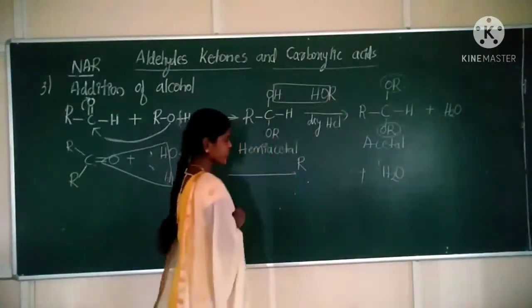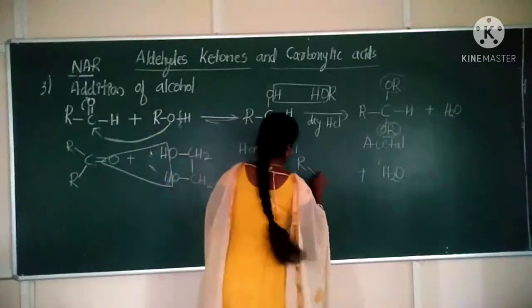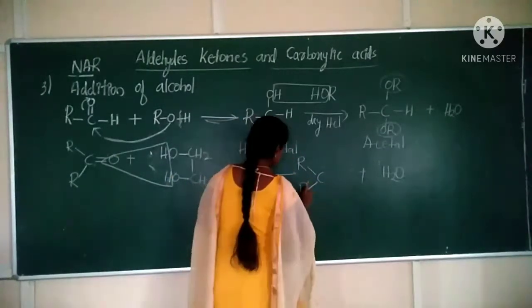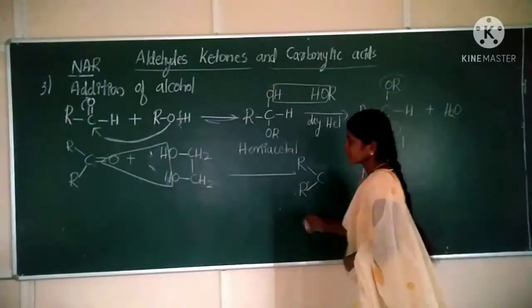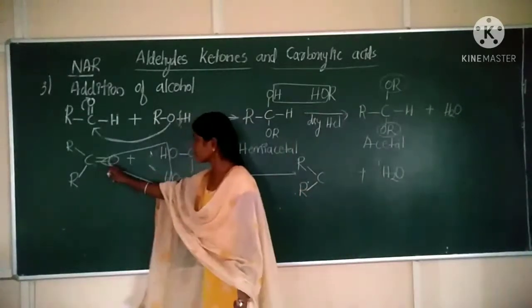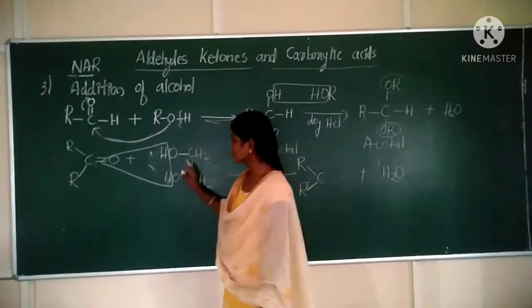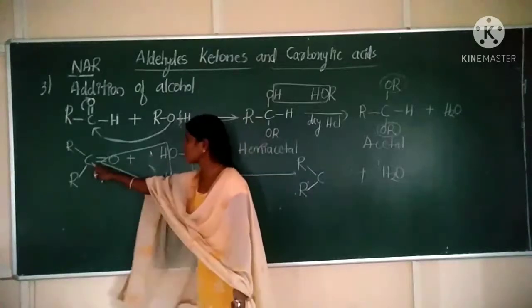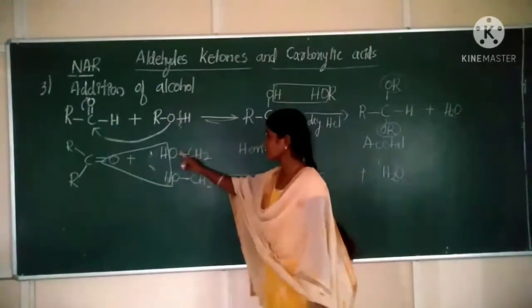R, carbon here, R alkyl groups. Now this water molecule is removed, and the formation of bond is between carbon and oxygen. Here 2 oxygens.